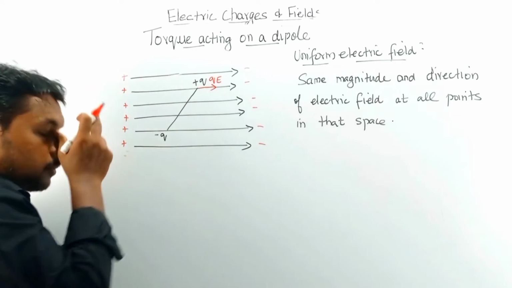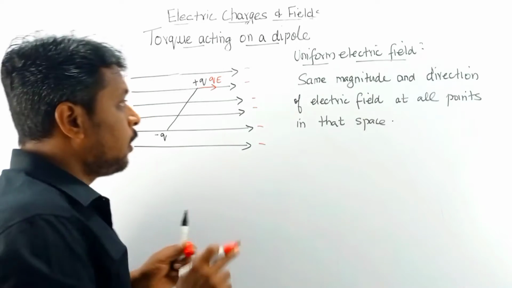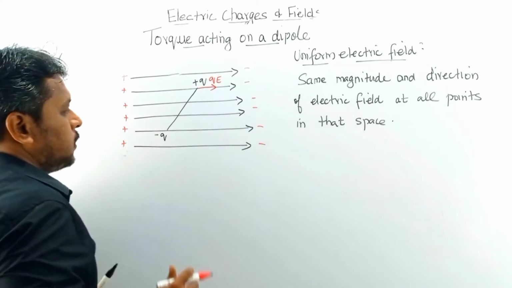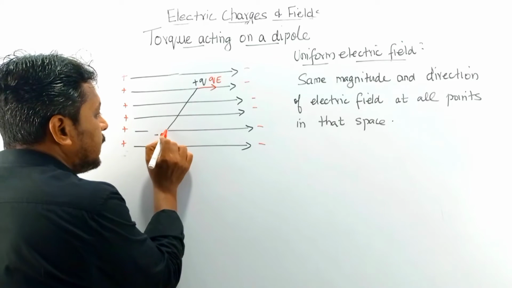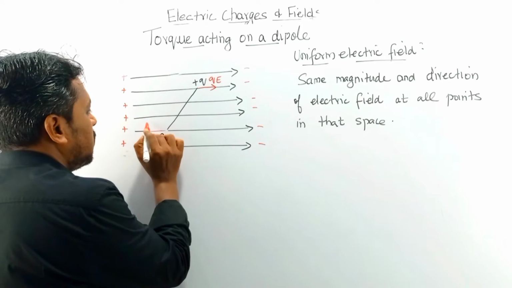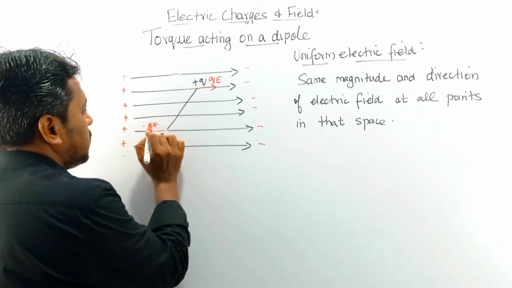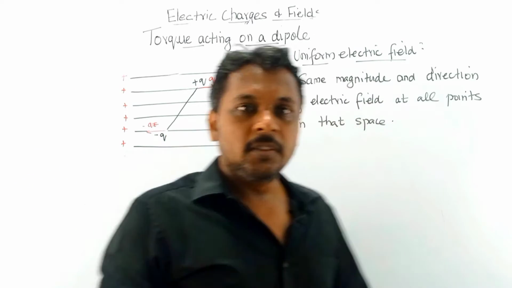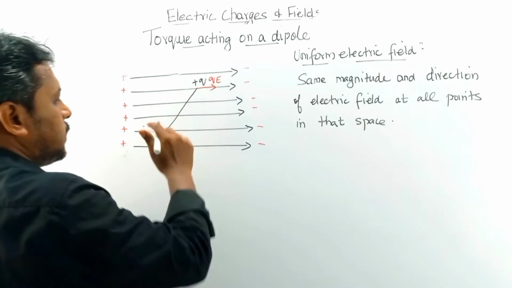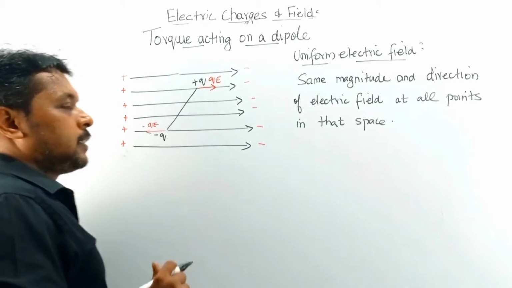So the force on plus q is qE in this particular direction, and the force acting on the charge minus q will be qE in the opposite direction. This is the value of the force on each of the charges.